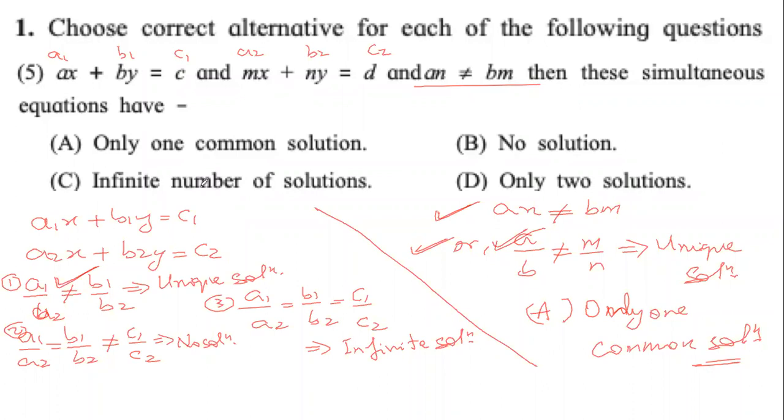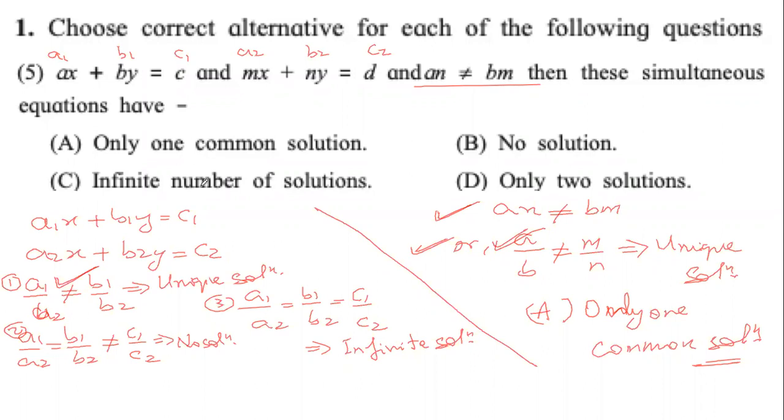Second possibility, a1 by a2 equals to b1 by b2 not equal to c1 by c2. This means the lines are parallel lines, so no solution. Third possibility, a1 by a2 equals to b1 by b2 equals to c1 by c2. That means the lines are coincident, they are one on top of each other, therefore infinite solutions.